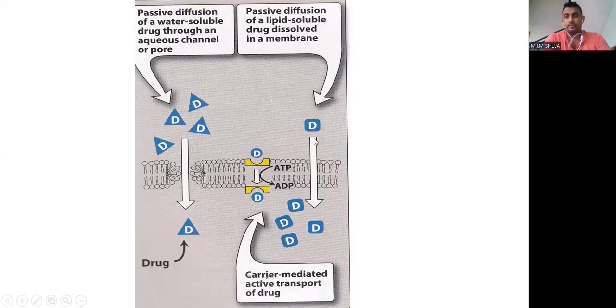Lipid soluble drugs go across the cell membrane by passive diffusion. And there's carrier mediated active transport mainly for the water soluble drugs, because the cell membrane is lipid soluble, so lipid soluble drugs go through easily. For water-soluble drugs to cross the cell membrane, you need special carrier proteins.